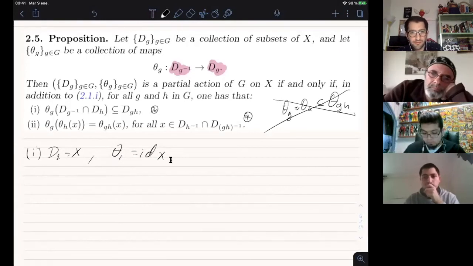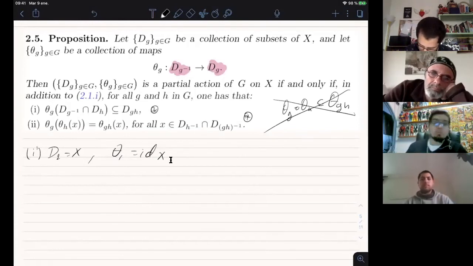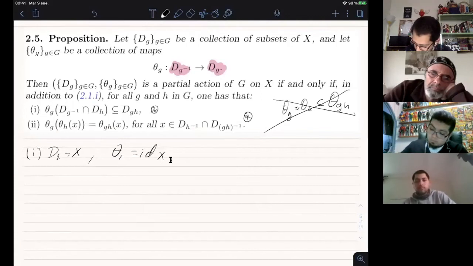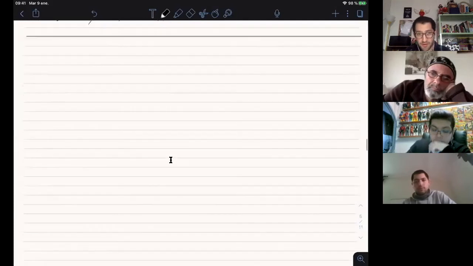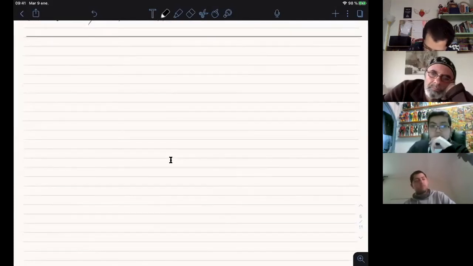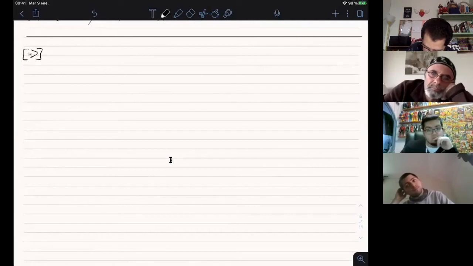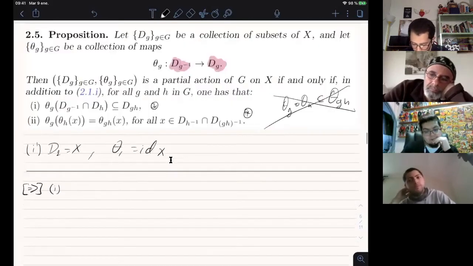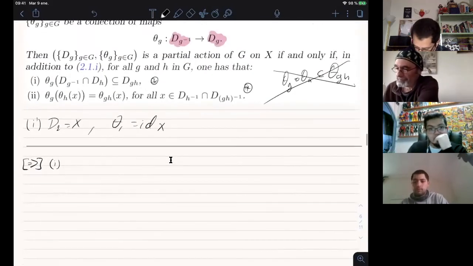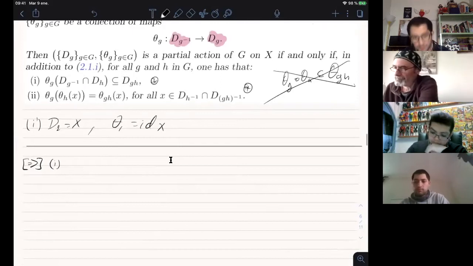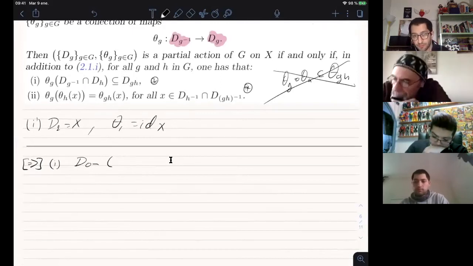If we remember, we're going from left to right, the domain of when we compose two functions.